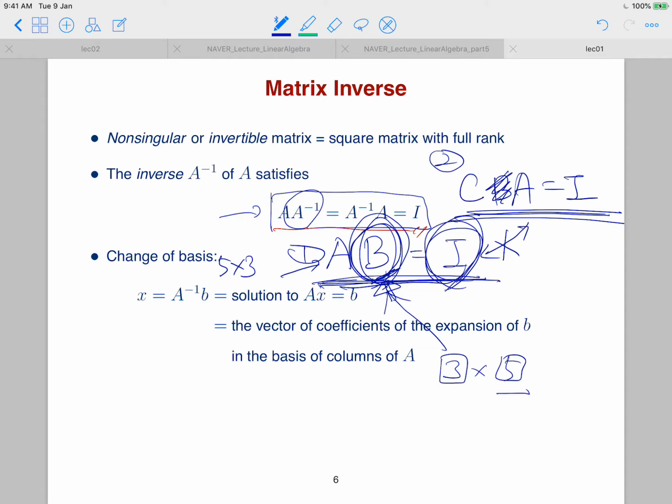And what about the size of this identity matrix? These two are the middle numbers, and the resulting matrix will have this number of rows and this number of columns, right? We cannot change this number, so we have to make it equal to 5.